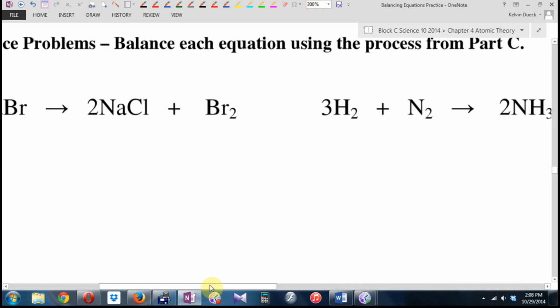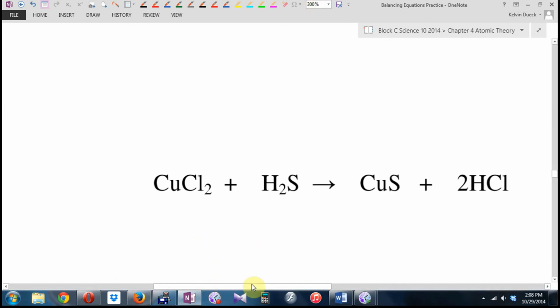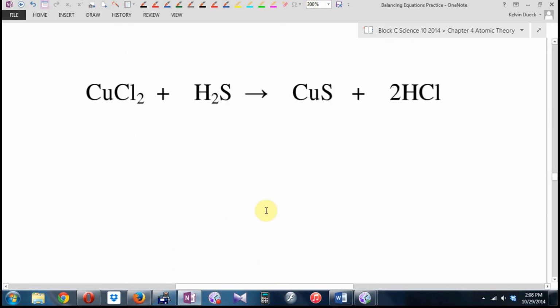This one here. Last one. Sorry, guys, not been my best lesson. Ready, Allison? Good, shut up. Here we go. Make sure you're not on the answer key. No, I'm not. This one here, CuCl2 plus H2S. Make sure you're on the right one.